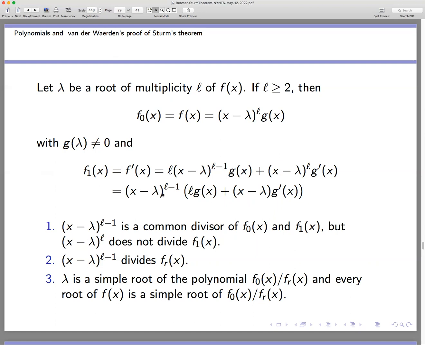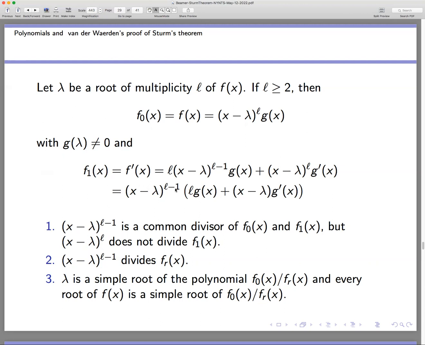It's (x minus lambda) to the L minus 1 times something. And this something, if you evaluate it at lambda, you don't get 0. So you see that (x minus lambda) to the L minus 1 is the common divisor of f naught and f1. Therefore, (x minus lambda) to the L is not a common divisor of these two.